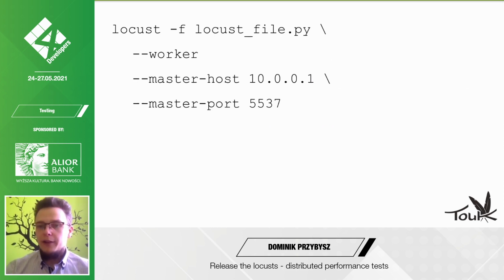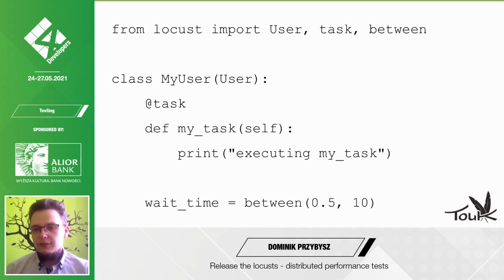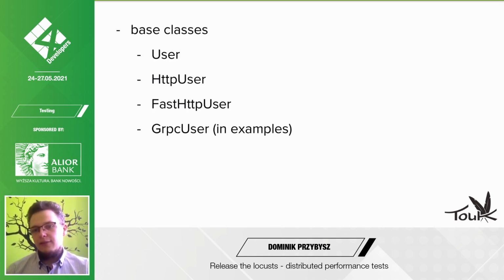In the locust file, you have to define the real behavior that you want to test. For example, here my user extends User. User is a class from Locust, and you have to define at least one task here, and you can also define a wait time. As base classes, you have User, which is the basic one.